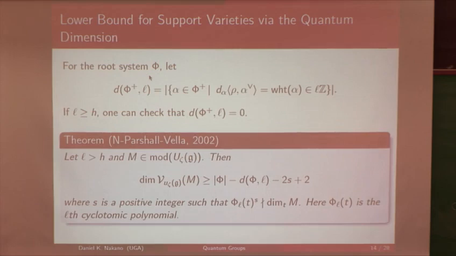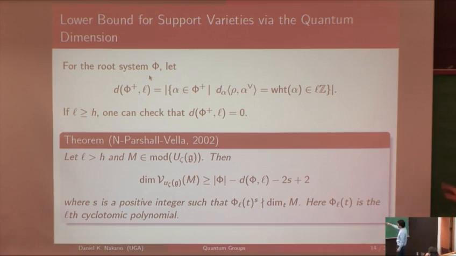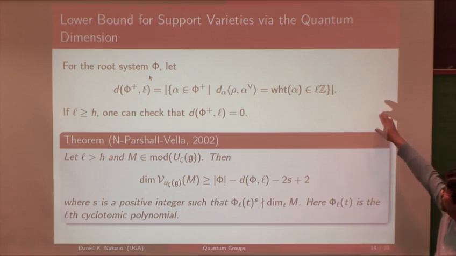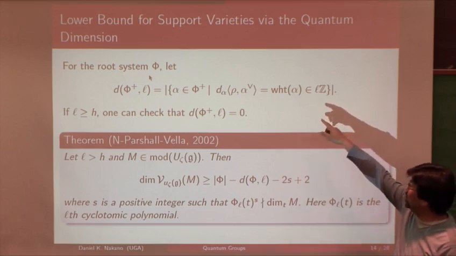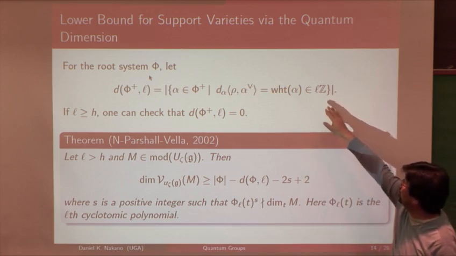All right, now the nice thing about this is that we can compute the dimension of support varieties using this divisibility. So this is a technical thing. If you take a root system, you can look at all roots where d alpha times rho alpha check, which is equal to the weight, is just a multiple of L here.